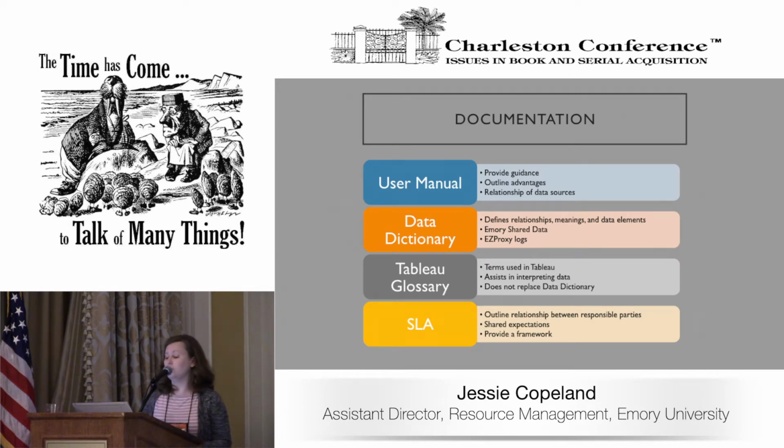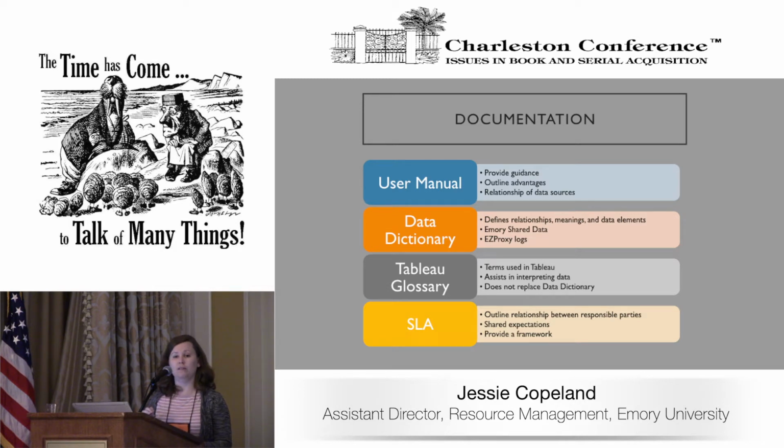The user manual incorporates all of these, the data dictionary, the Tableau glossary, and a little bit of the SLA language. The user manual was really just created to provide some guidance to the people who are using libstats, as we call it, and outline the advantages and also talk about the relationships of the different data sources.